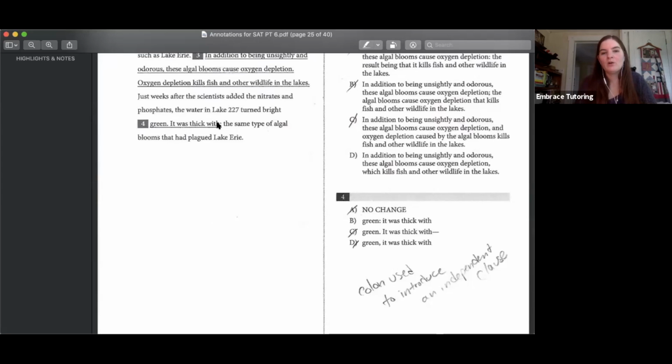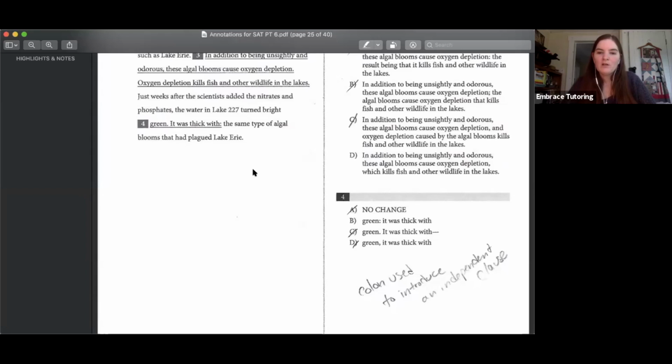So it relies on your knowledge of when it's appropriate to use a colon, and also to make sure that you understand whether or not we have one sentence here or two, if each of these are complete thoughts or ideas, so it requires sentence level knowledge as well.